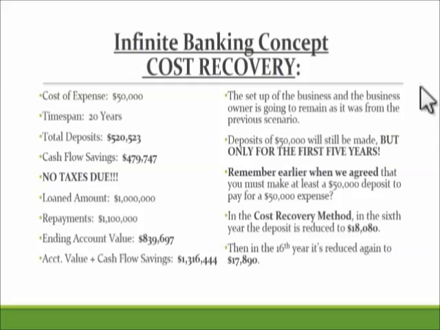Infinite banking concept, cost recovery. The setup of the business and the business owner is going to remain as it was from the previous scenario. You still have those deposits of $50,000 to be made, but only for the first 5 years.